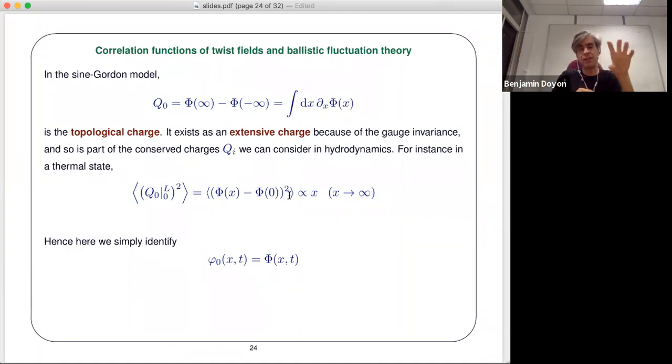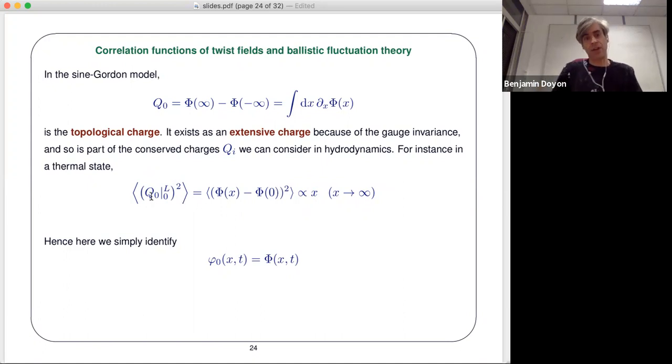Your phi field is something at 0, but if you go far away, because there's nothing that really constrains it, it can go as far as it wants, because the potential is cos beta phi, it can go very far. In general, it will scale like x. And when an operator's square average scales like x, this is called extensive.